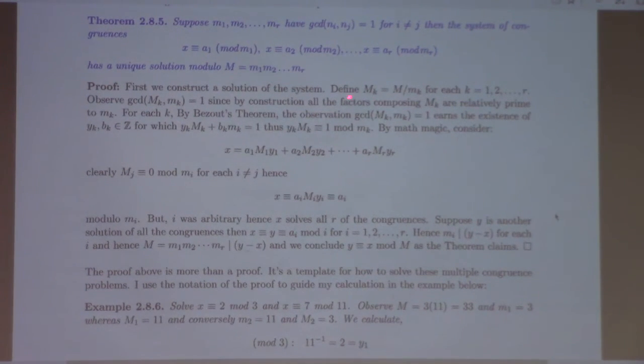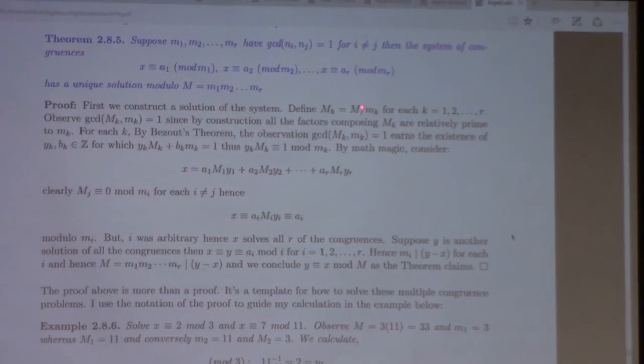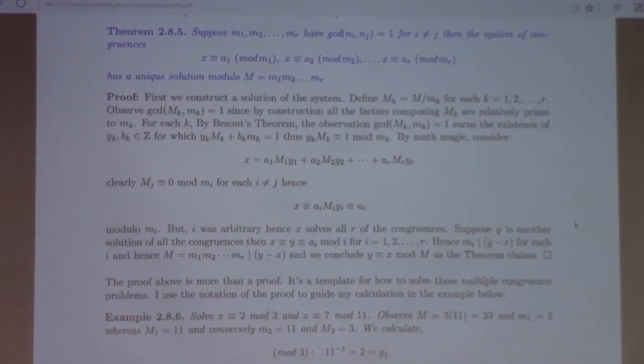That's the significance of this thing. It's 0 except when you're at m sub k. Only in m sub k is it non-zero possibly. So of course the greatest common divisor of this and that is 1 by construction, because big M sub k has gotten rid of the one thing that could be a divisor larger than 1. See how that is?